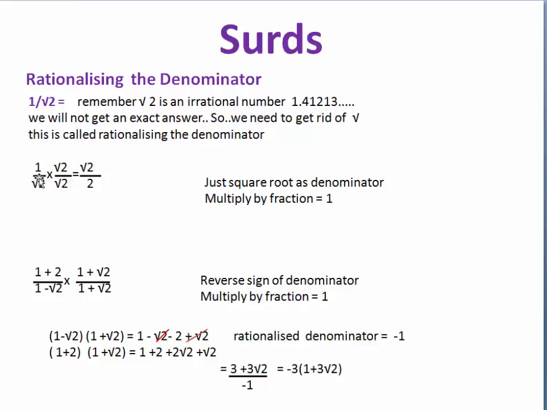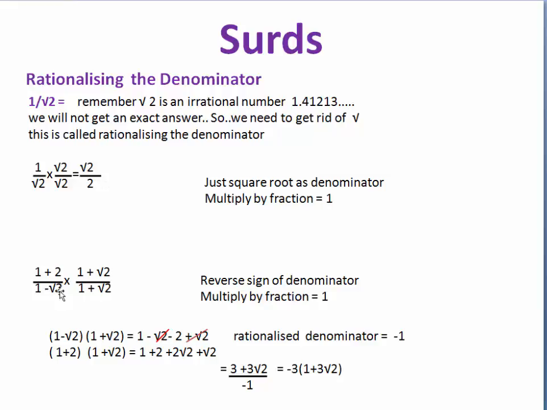If we have a square root on the bottom, we multiply by having the numerator the same as the denominator. So write it in this form, multiply together, so it's like multiplying by 1. So 1 multiplied by square root of 2 is square root of 2. Square root of 2 times square root of 2 is 2, so we've got rid of that square root on the bottom. We've rationalized the denominator.